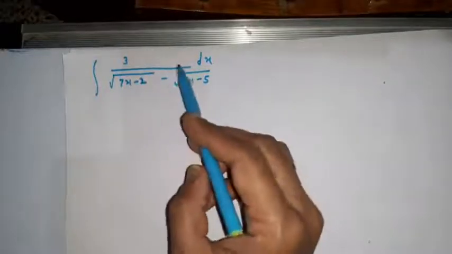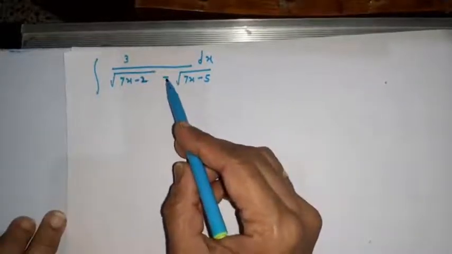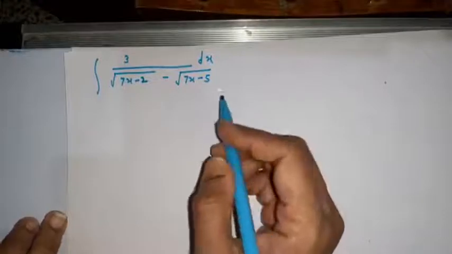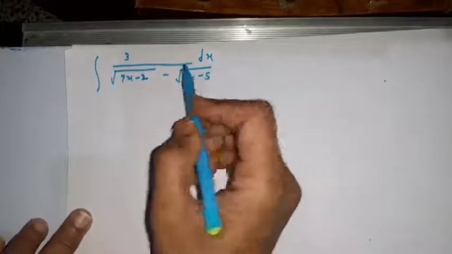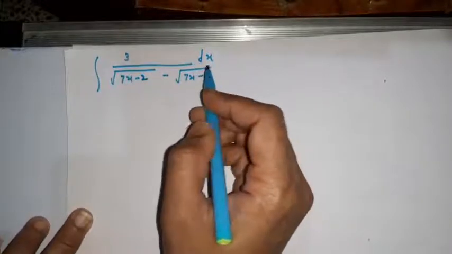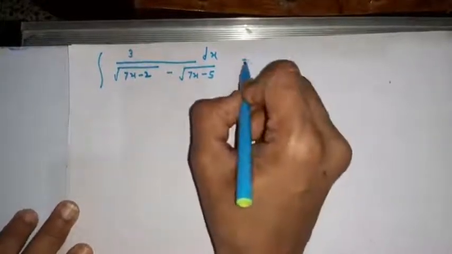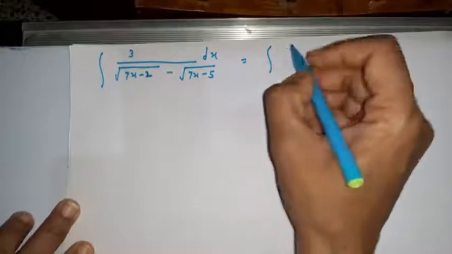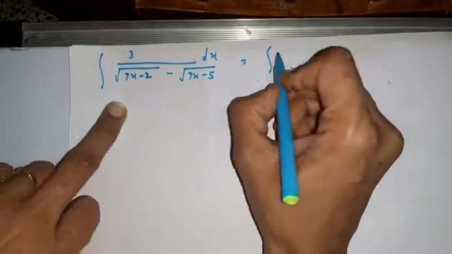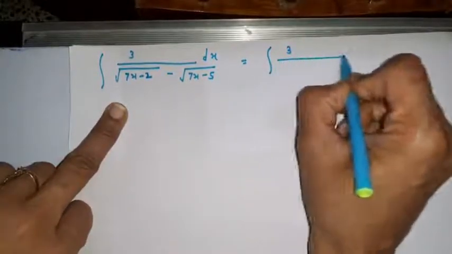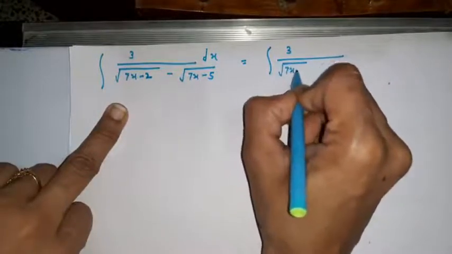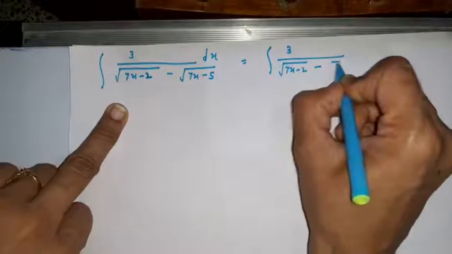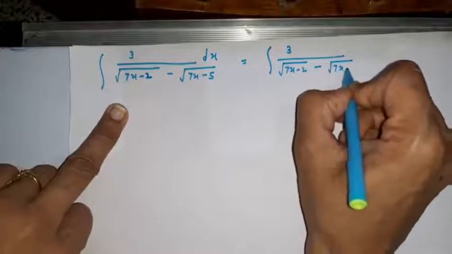So to simplify it, rationalize the denominator. Okay, rationalize the denominator, then we can solve the problem easily. So for the simplification, take its rationalizing factor. The denominator is square root of 7x minus 2 minus square root of 7x minus 5.